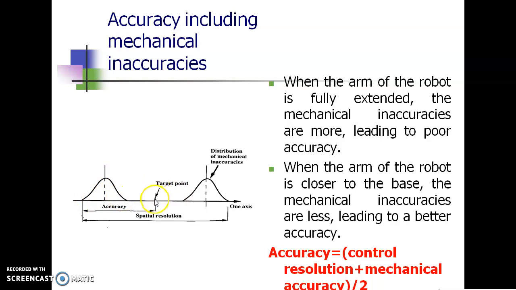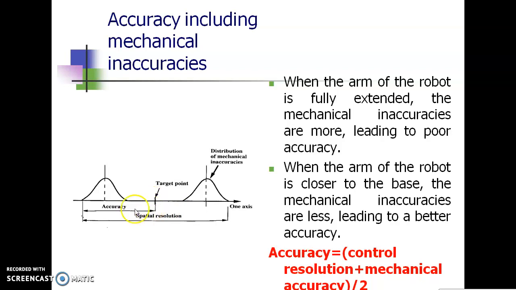So, the target point: my wish is to move the robot to the target point, but according to the controller's ability it has to go to the addressable point, and it may go somewhere here. So I am taking these mechanical inaccuracies also into consideration in the accuracy term. So accuracy is equal to control resolution plus mechanical accuracy, by 2.